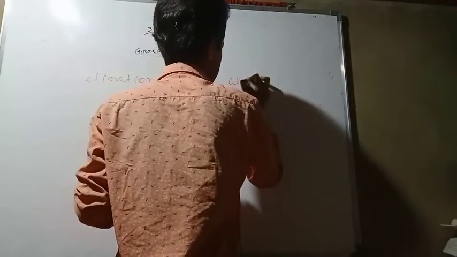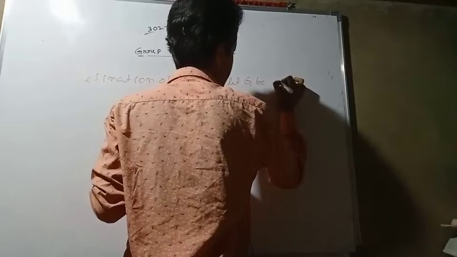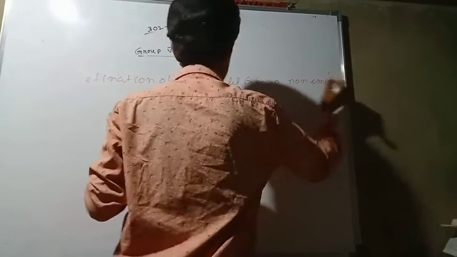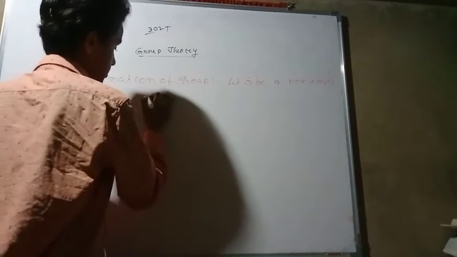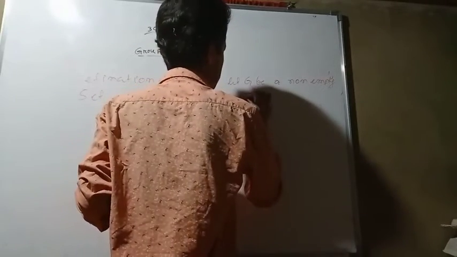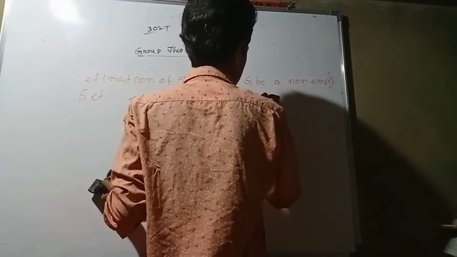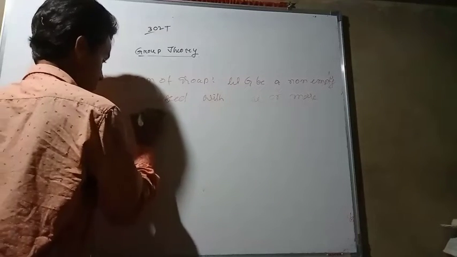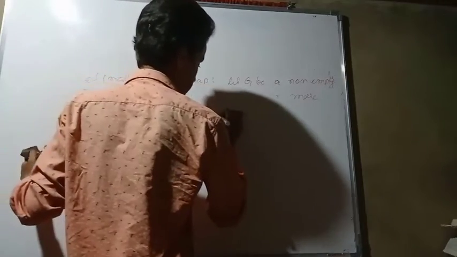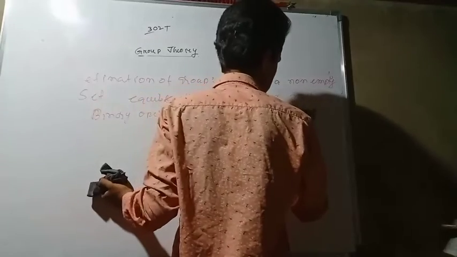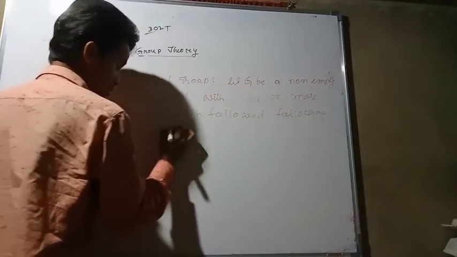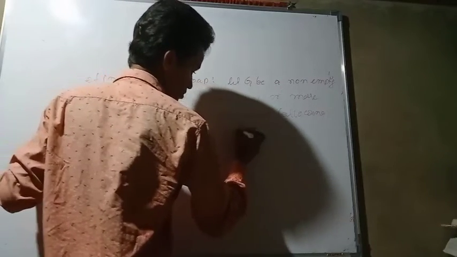Let G be a non-empty set equipped with one or more binary operations, followed by the following postulates. Postulates is said to be a group.